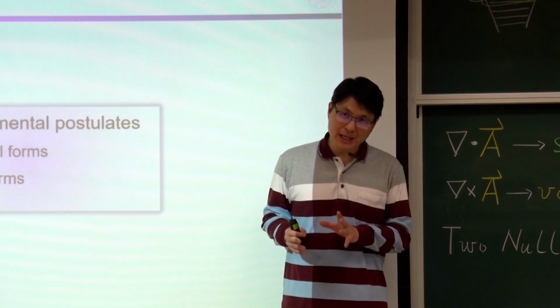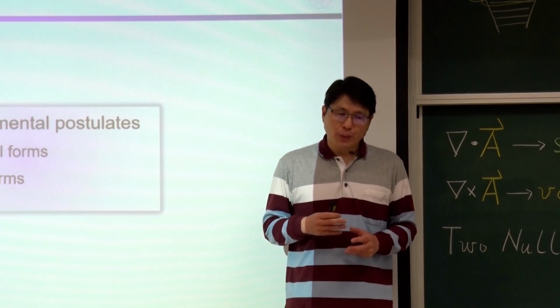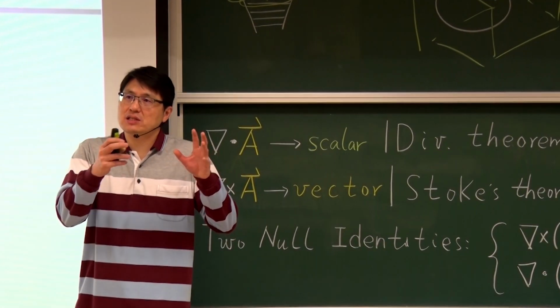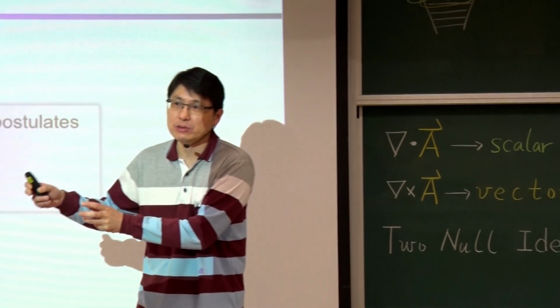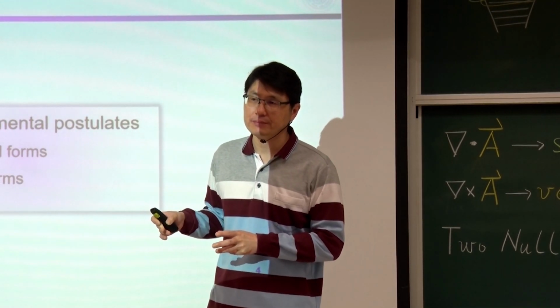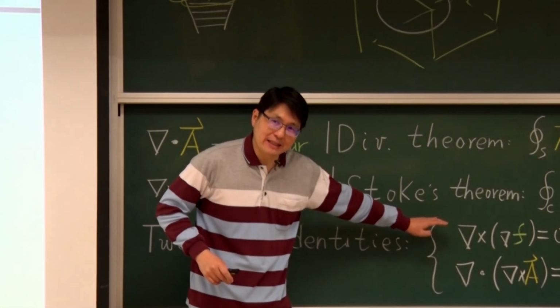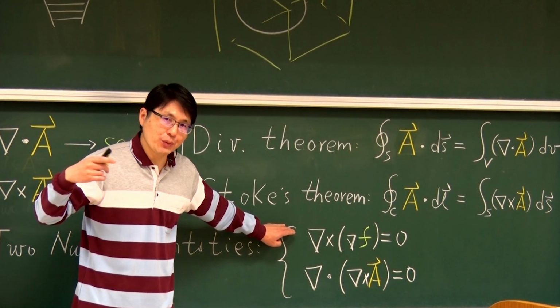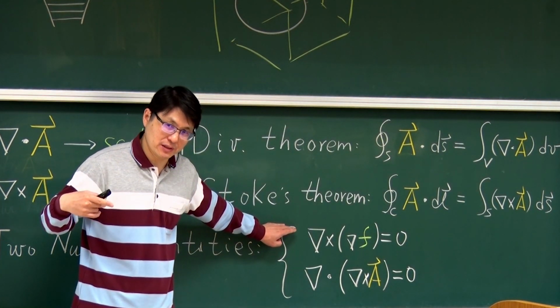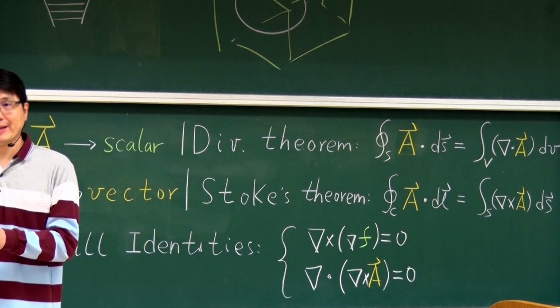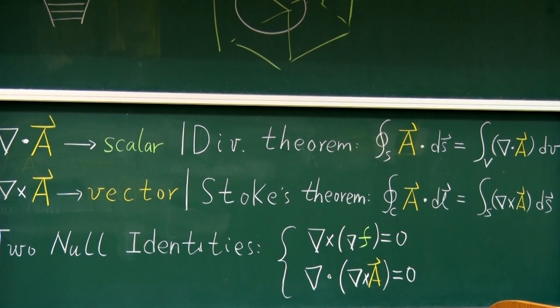It happens to be that the very reason we emphasize the null identity is it's strongly related to the field distribution. And I can give you a hint. One of the null identities is directly related to electric field, and the other one is directly related to magnetic field. So before I reveal the secret, take a guess.